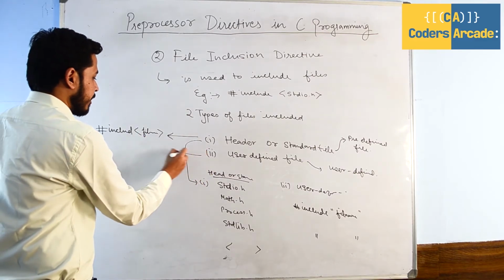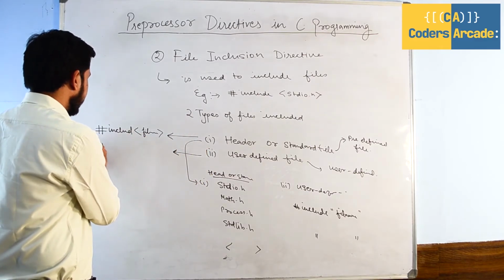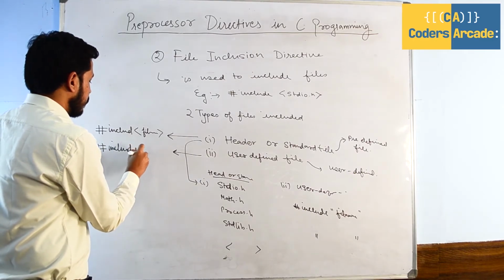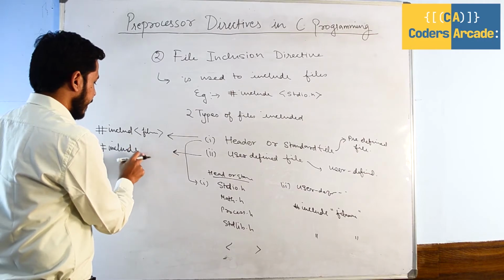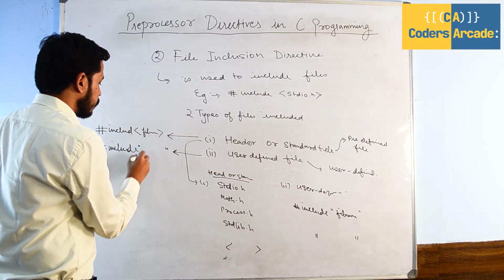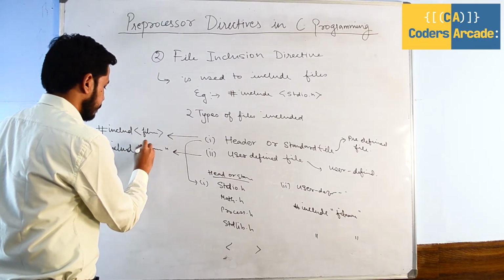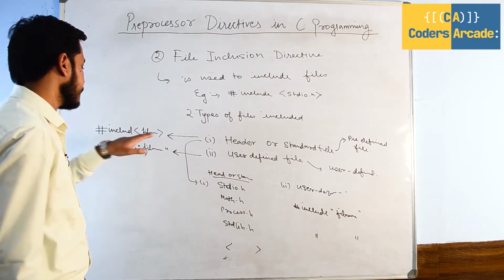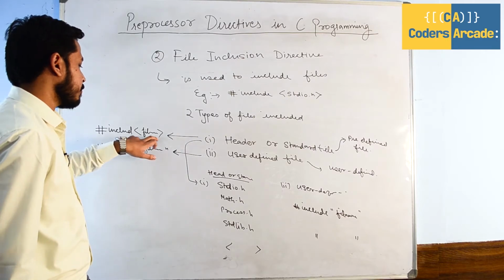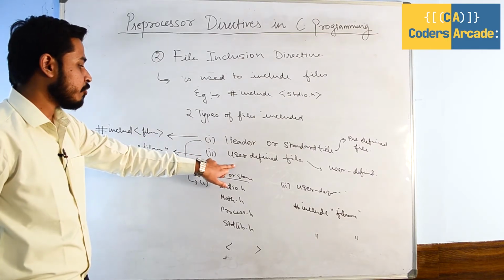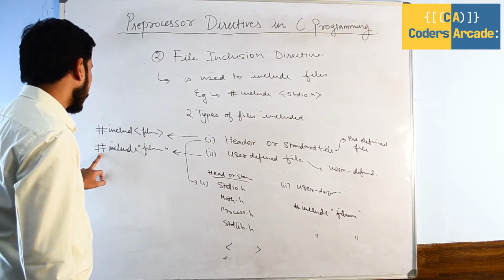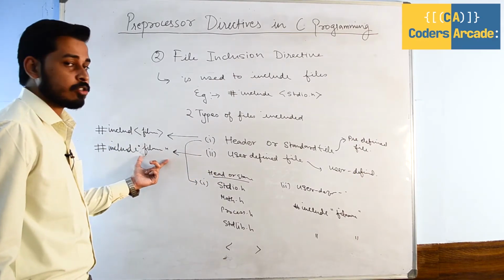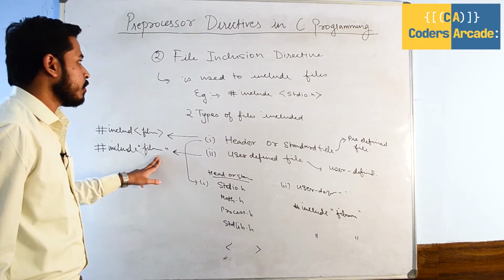But for the user defined file, the syntax will be #include, and instead of arrow brackets, here in double quotes your file name will be present. So the syntax for including header files is #include in arrow brackets file name, and for user defined files, the syntax is #include in double quotes you will write file name.